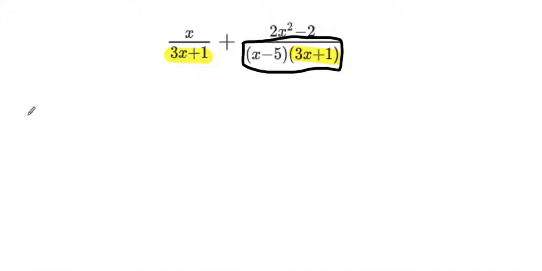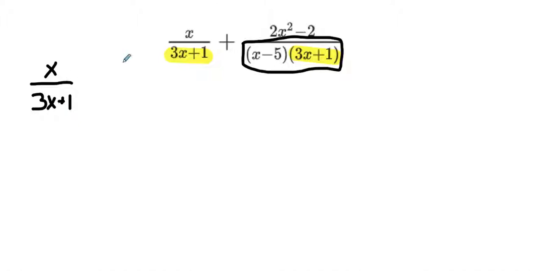So I'm going to go ahead and show that on here, that I'm going to multiply this fraction by x minus 5 over x minus 5. So the original is x over 3x plus 1.